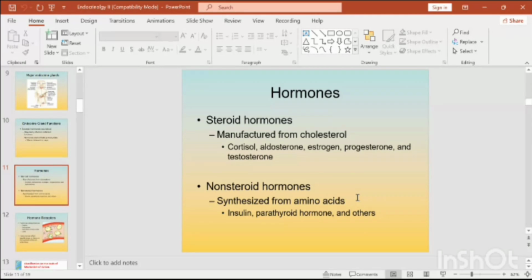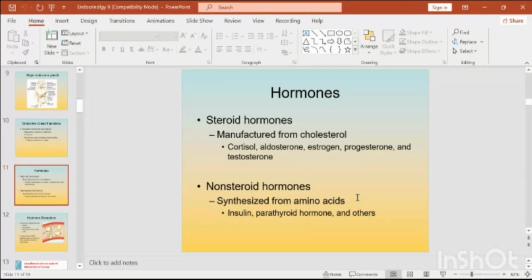Those are examples of hormones that we classify as steroid hormones, and the precursor molecule is cholesterol. Anything else that is not made up of cholesterol is called a non-steroidal hormone.